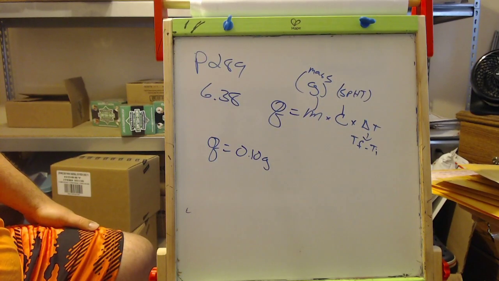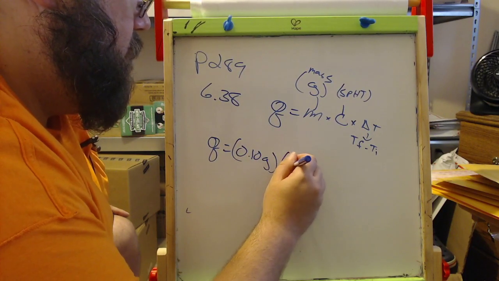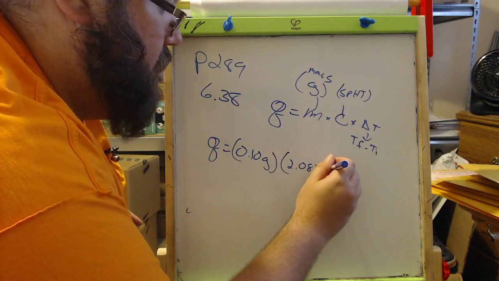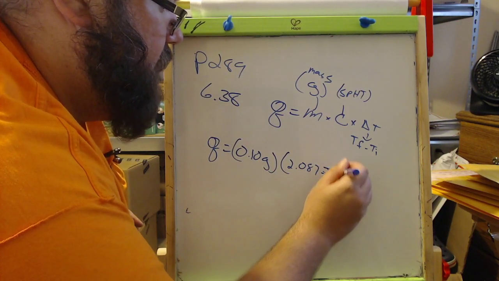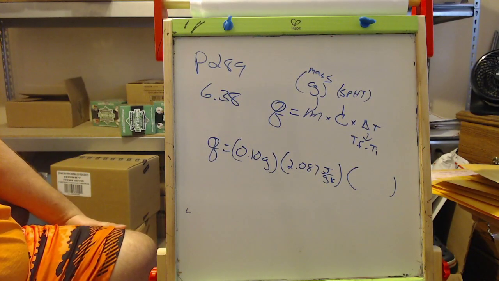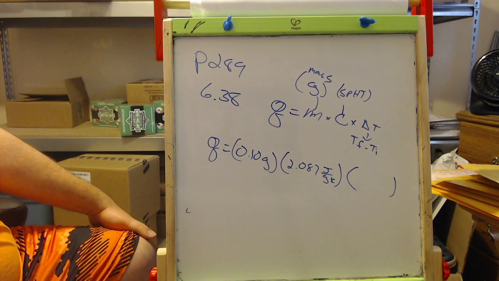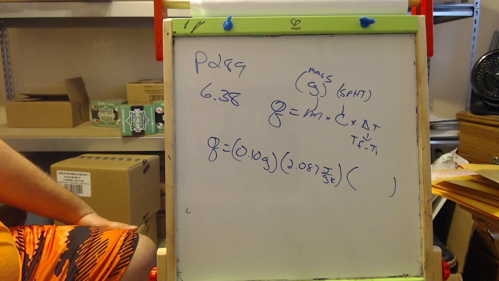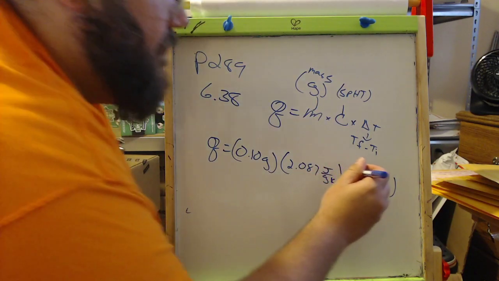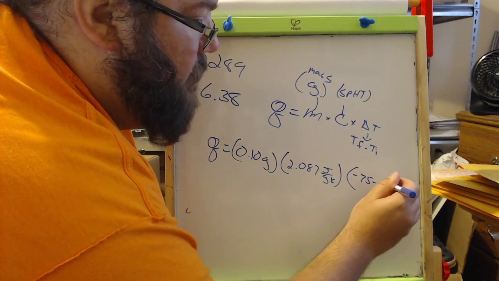They give you the C of ice, 2.087 joules per gram Kelvin. Now you could change the temperature to Kelvin if you want to. You don't have to, because the change is still going to be the same value no matter what, from Celsius to Kelvin. So ice is cooled from 10 to minus 75. So final is negative 75, minus the initial, which is 10.